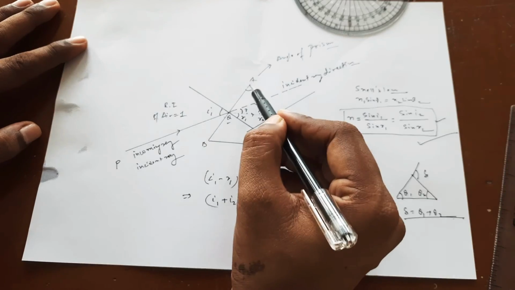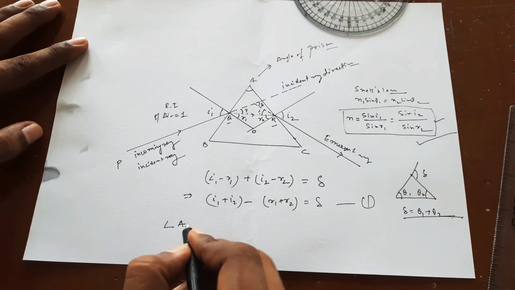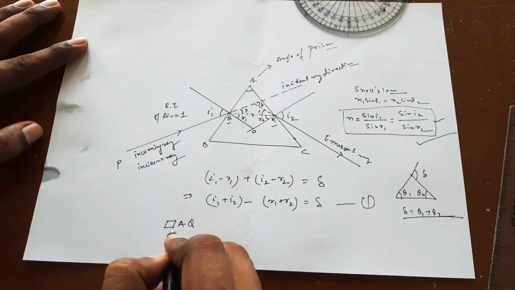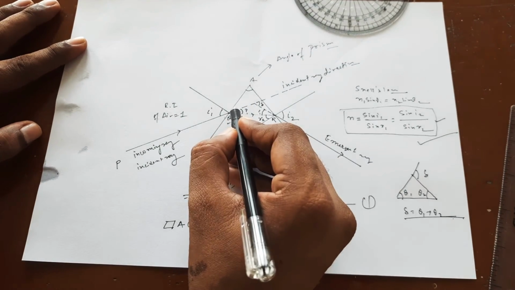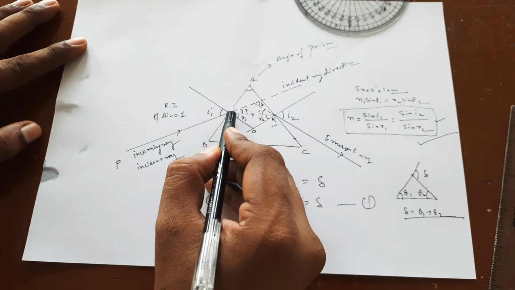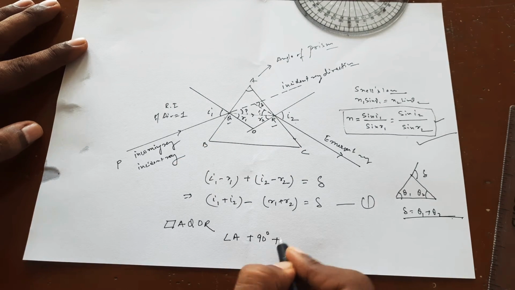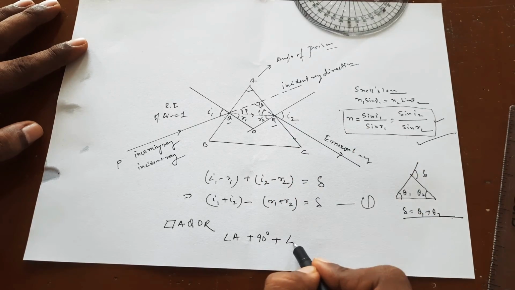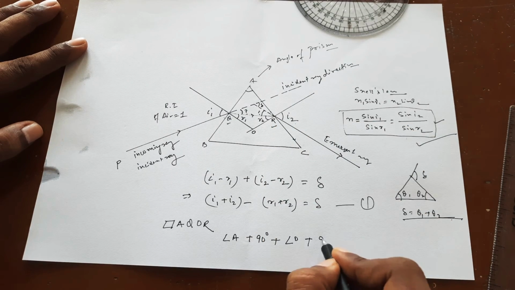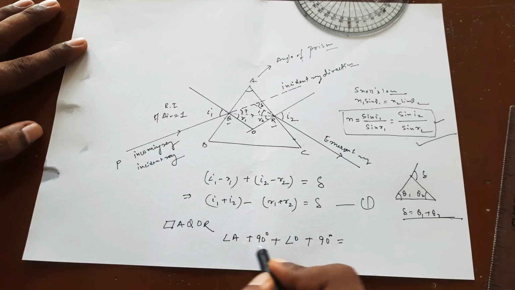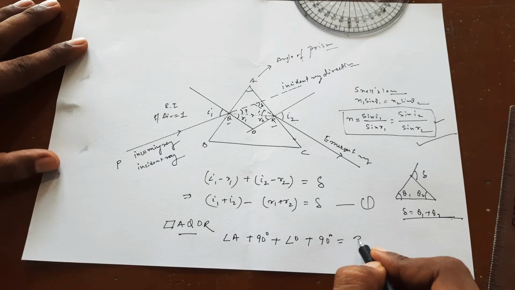Now again, in the quadrilateral AQOR, this whole angle will be equal to 90 degree plus angle O plus, and this angle will also be equal to 90 degree or right angle, and altogether the sum total of all the four interior angles of any quadrilateral is actually 4 into right angle, that is 360 degree.